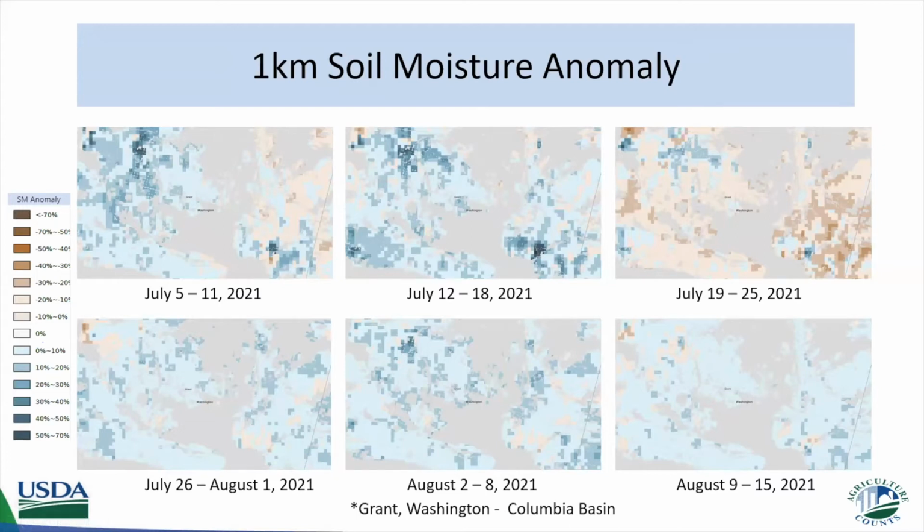You will see here the anomaly shows the moisture level is not that bad in the first 2 weeks of July, and especially this week, July 12 to 18, the moisture level is okay compared to the historic.